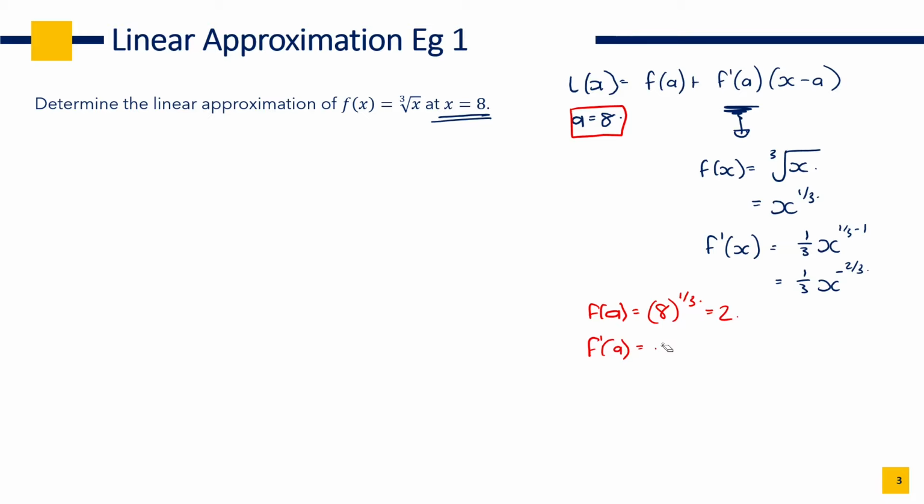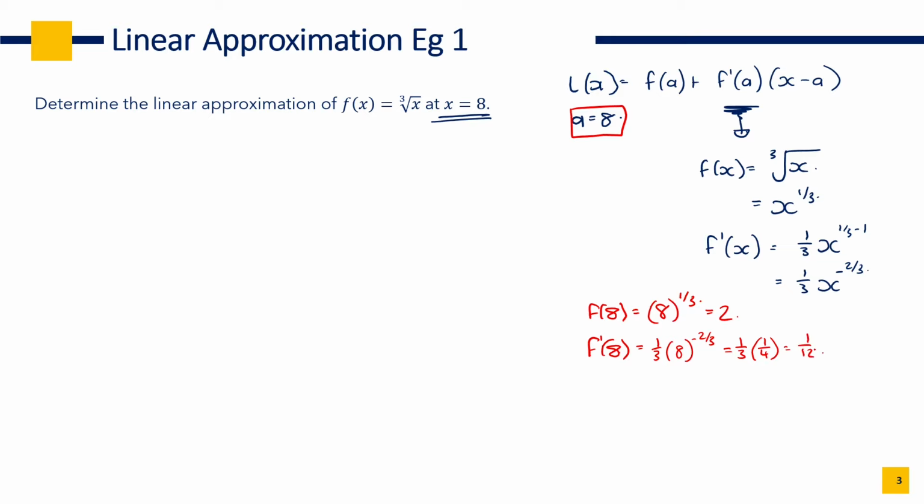I've left out a step here: I should actually be saying that's 8 and that's 8, but I'm just discussing it with you. So we have 1/3 times 8 to the power minus 2/3, which gives us 1/3 times 1/4, which is 1/12.